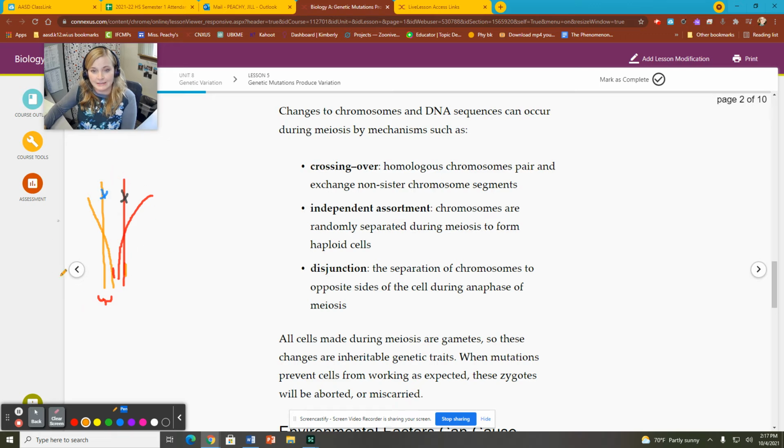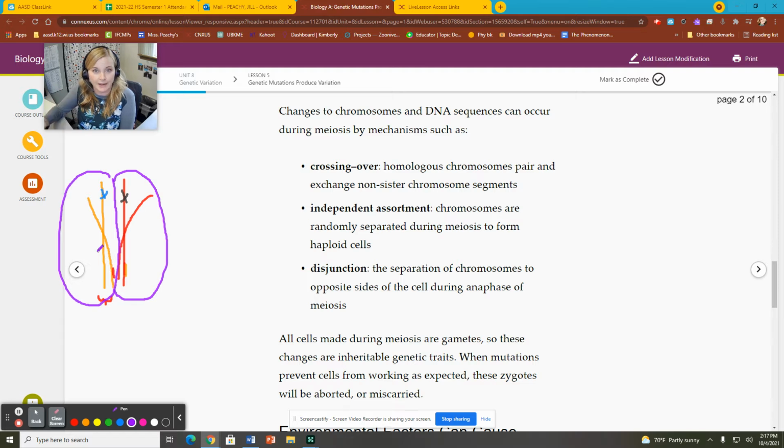You also have independent assortment. As these move to different cells during meiosis 1, you're going to have the splitting up that happens. Half move to one new cell, half move to another new cell, and eventually during meiosis 2, those sister chromatids separate. But because there are 23 pairs, some of the red go one way, some of the yellow go the other way, and that happens 23 times.